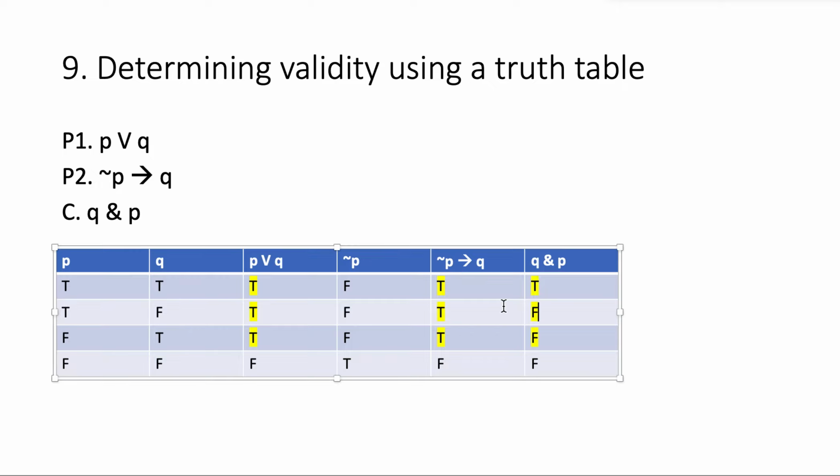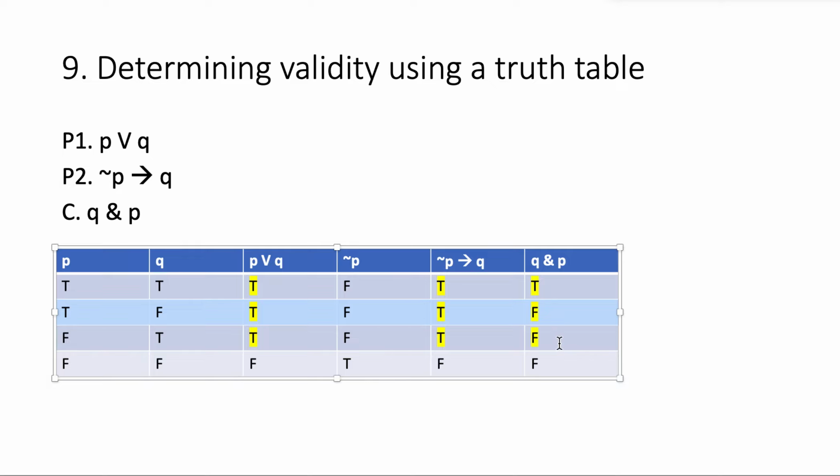And so this is a counterexample to the argument. This is enough, row 2, independently of what's going on in row 3. I have shown already at row 2 that the argument is not valid because I've shown that it's possible for the premises to be true and the conclusion to be false.